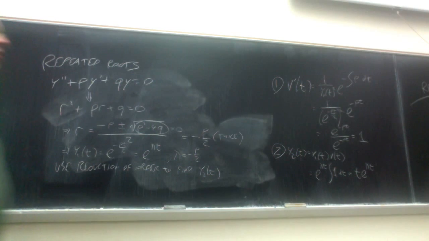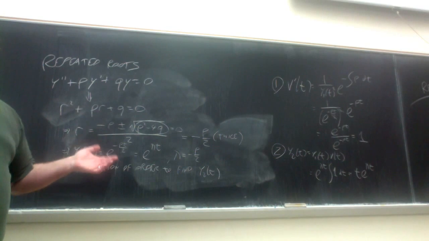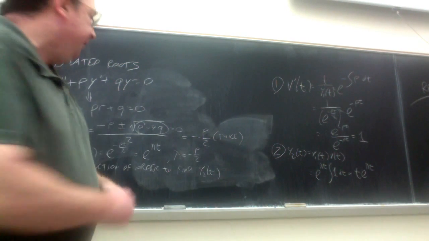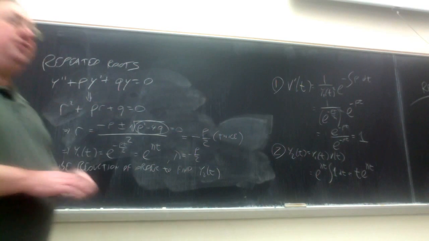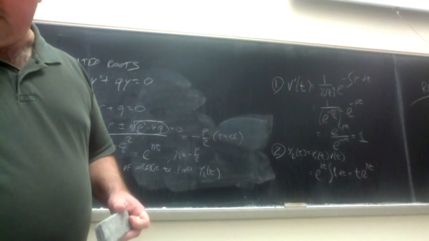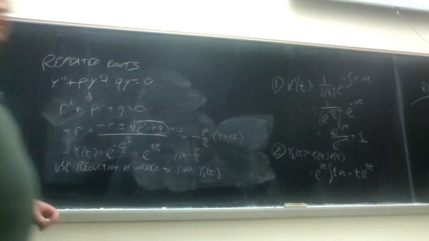So that's what happens in a repeated root case. You have the exponential solution that you normally get from a case of distinct real roots. That's your y1. And then you just multiply that by t to get the second solution. All right. Are there any questions about how that was obtained?